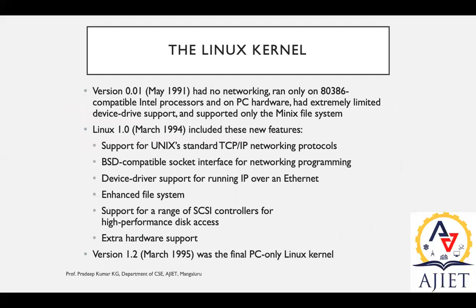Coming to the Linux kernel, there are different versions. When it was developed initially, in around May 1991, there was no networking at all, and it ran on an 80386 compatible processor machine.